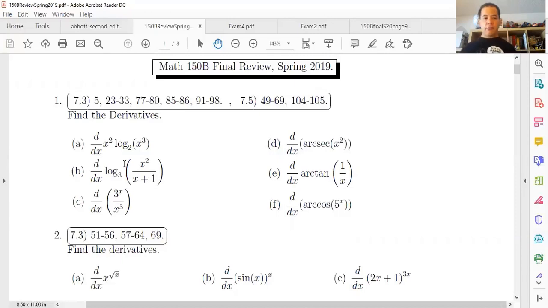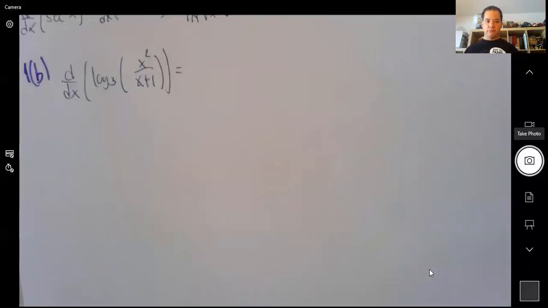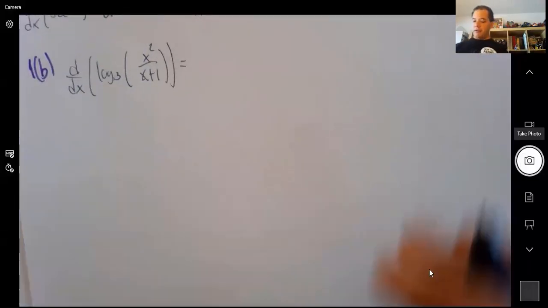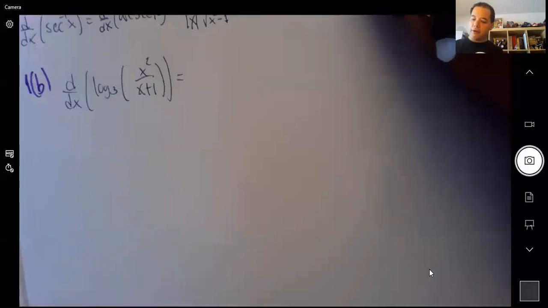Okay, so let me do that one as an example. So 1b, that's the derivative of the logarithm base 3 of x squared over x plus 1. Take a look at that one. Like I said, there's two ways of doing this, and the better way is to first use the properties of the logarithms here.